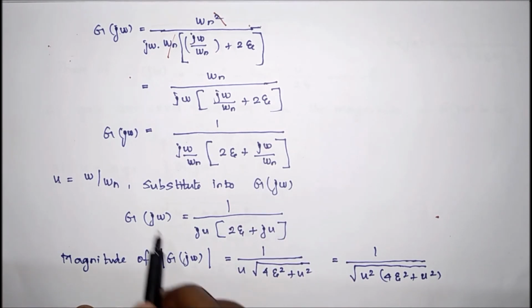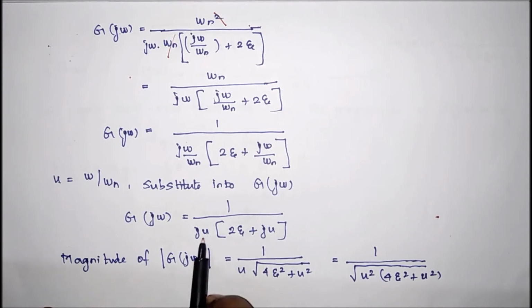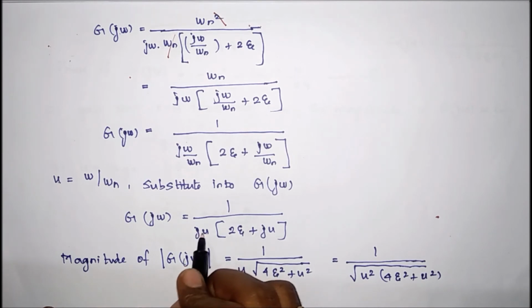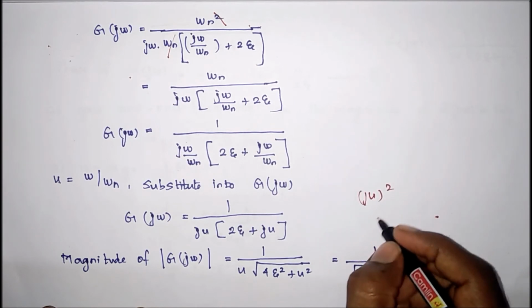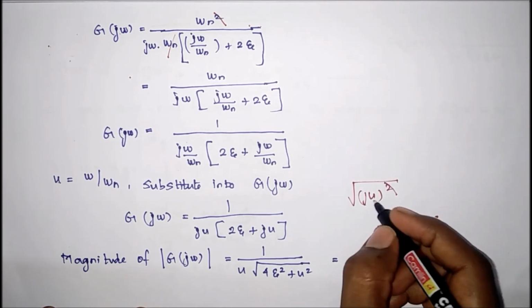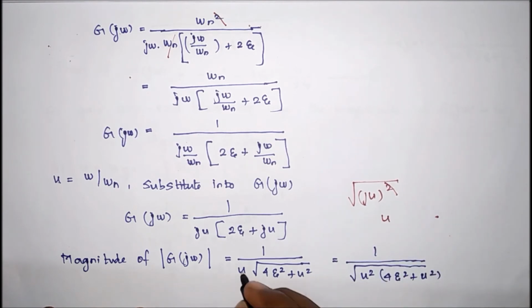Now we are going to find the magnitude for this. To find the magnitude of a complex number, we have to add the square of the real value and the imaginary value, then take the square root. So the magnitude of j u the whole square means we have to square and take root, considering only the real part, therefore it will become u.